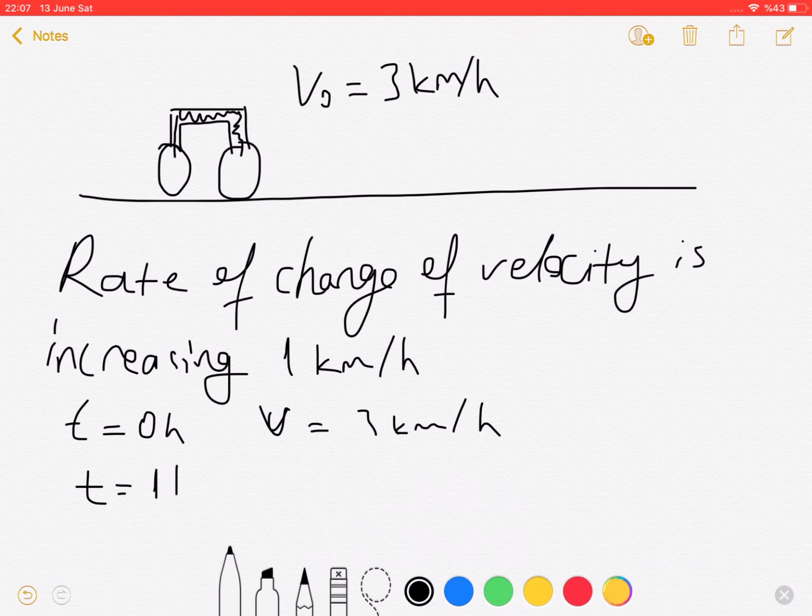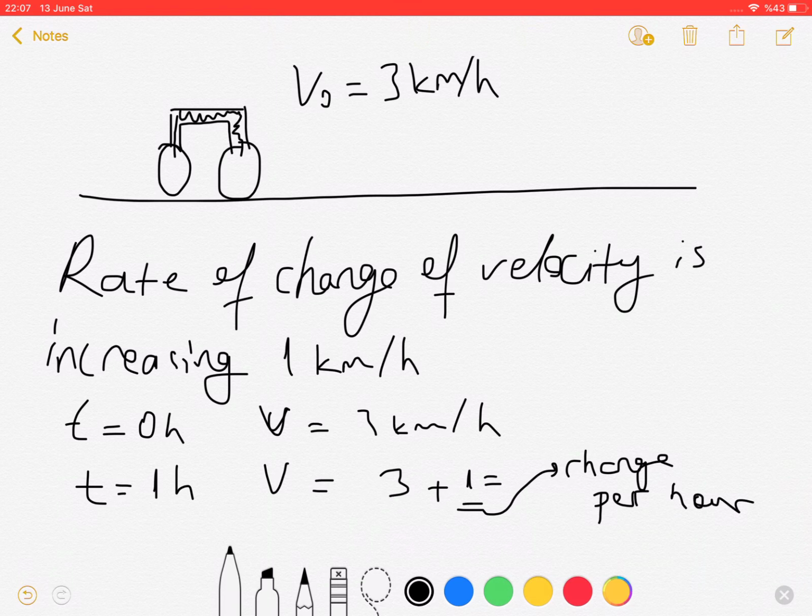At t equal to 1 hour, my velocity is 3 plus 1 change per time, per hour, equal to 4 kilometers per hour.